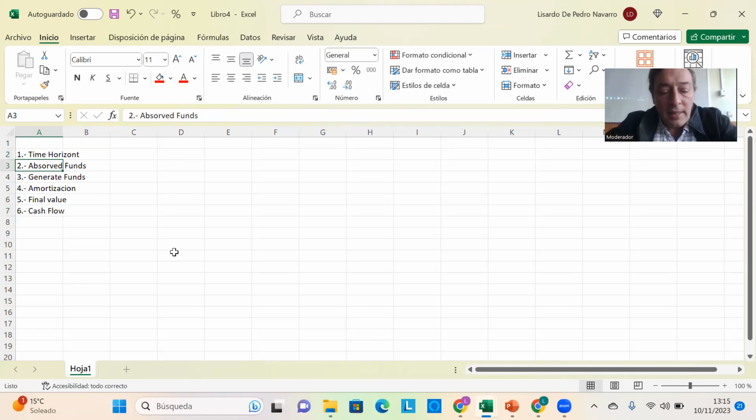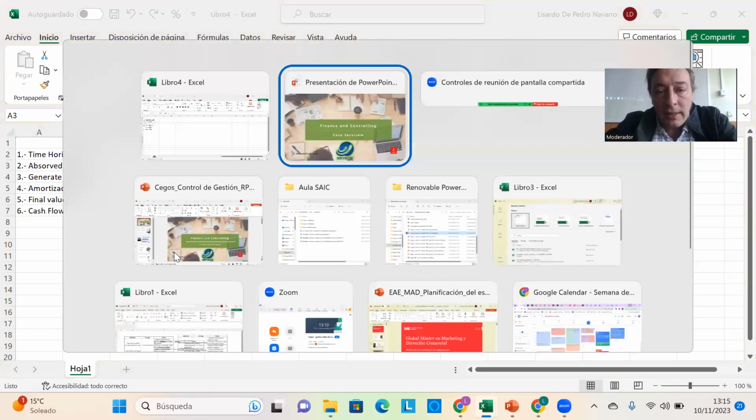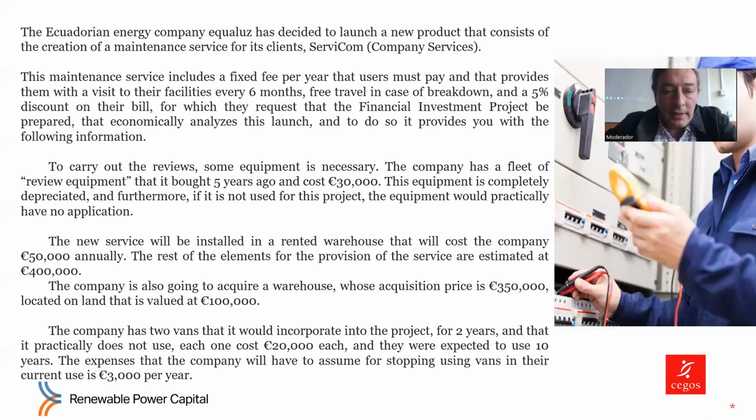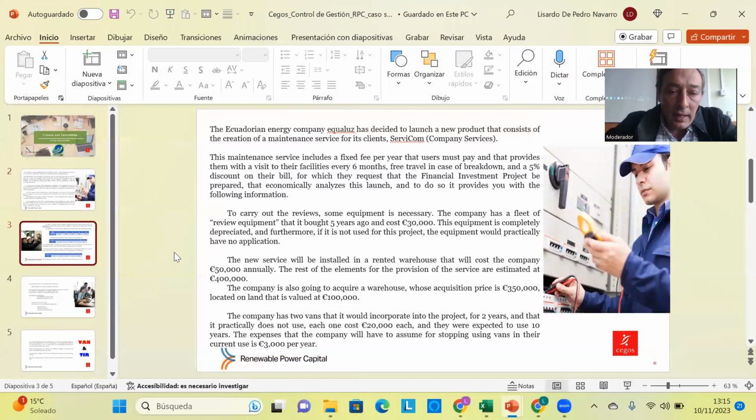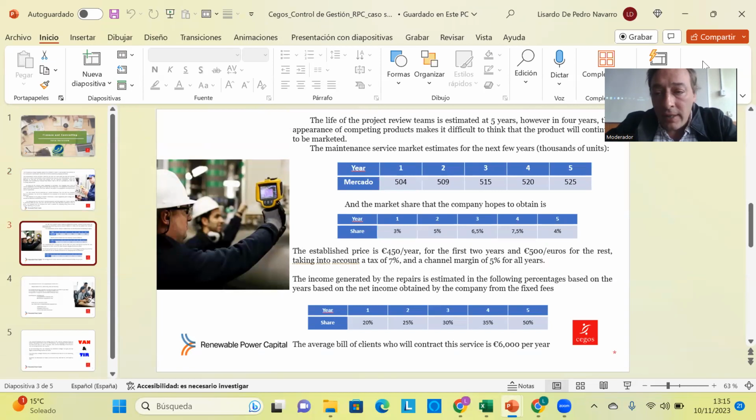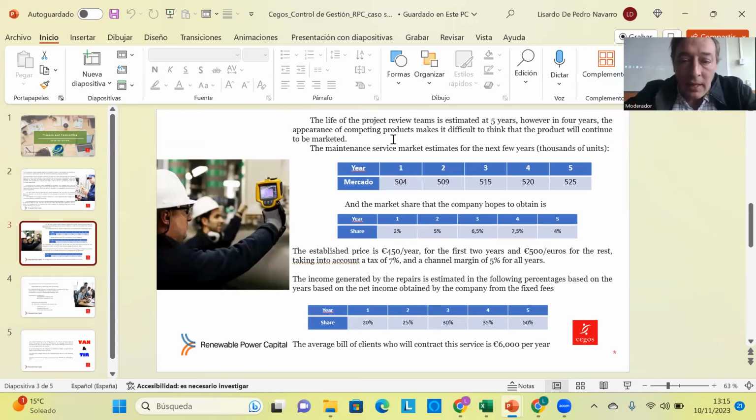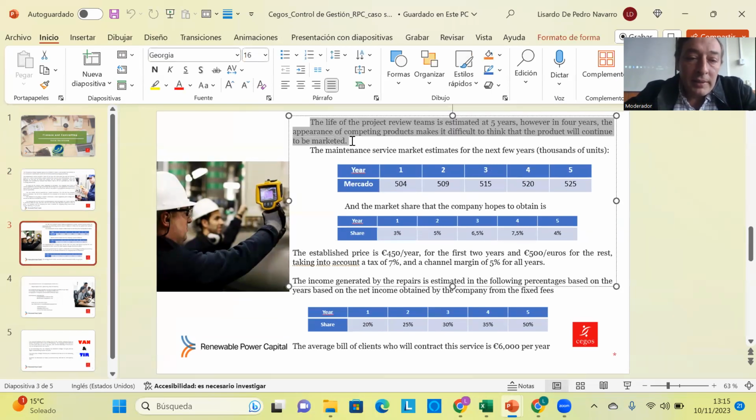In the time horizon, we have to read in the case that the life of the project, on the second page, reviews time is estimated at 5 years. However, in 4 years, the appearance of a competitor product makes it difficult to think that the product will continue to be marketed. So we take this one.